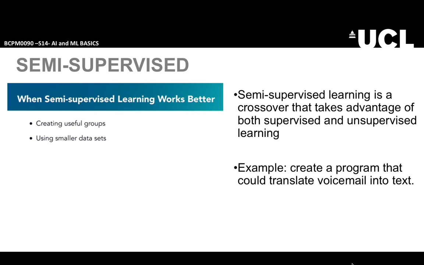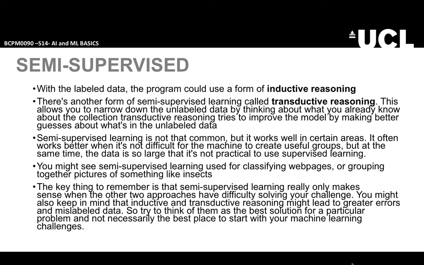So instead, you might try semi-supervised learning. So you will start with a smaller training set of very common words and phrases. The machine could use this to perform some basic classification. But then you will feed that training set into the machine and allow it to study and observe the rest of the data. With the labeled data, the program could use a form of inductive reasoning.